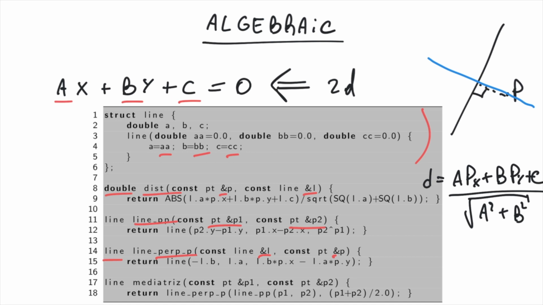You can also take the line that goes through the midpoint of 2 points and goes perpendicular to them. So let's say you have point P1 and point P2, and you want the line that is perpendicular to the segment that joins them, and so on.